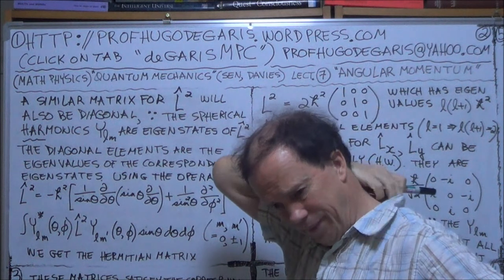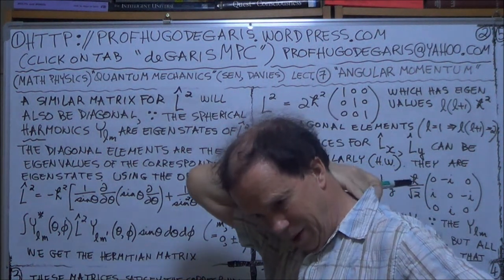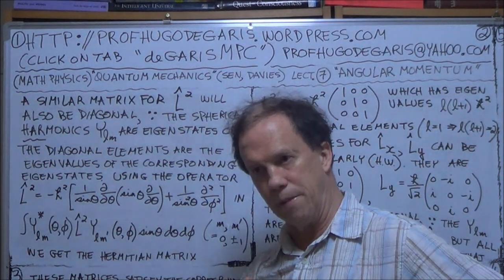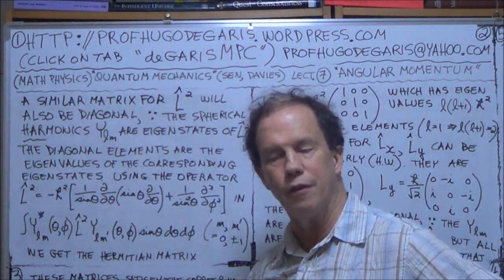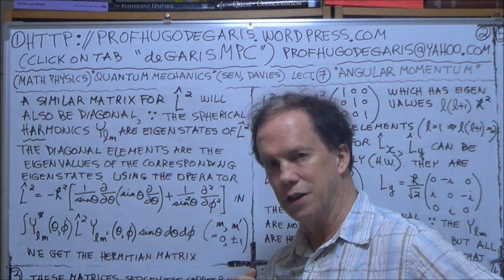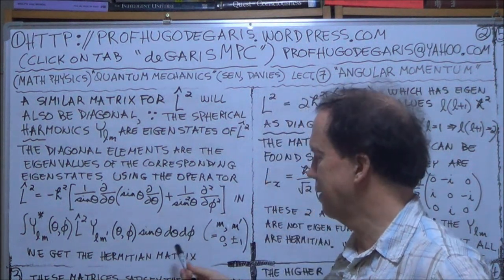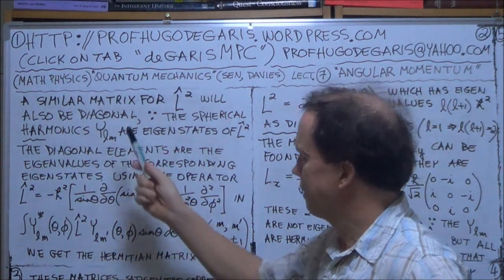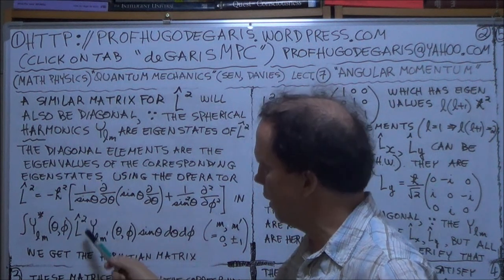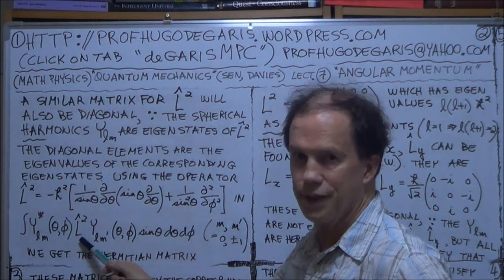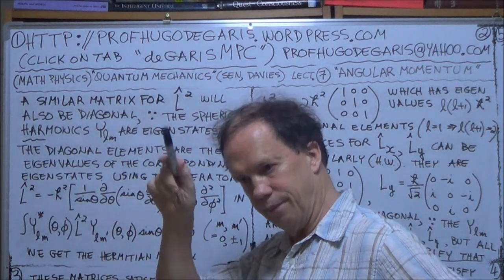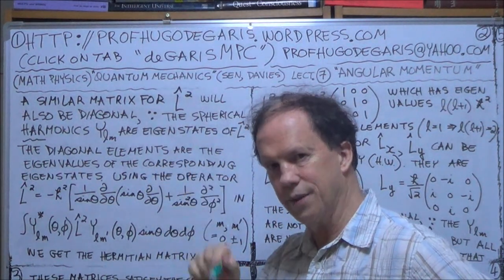Now, the last time we found a matrix representation for the angular momentum operator Lz, right? And that matrix was a diagonal matrix, and that's to be expected. Without doing it explicitly, I can show you why. Imagine this is now just Lz, the z component of the angular momentum operator, Lz hat.